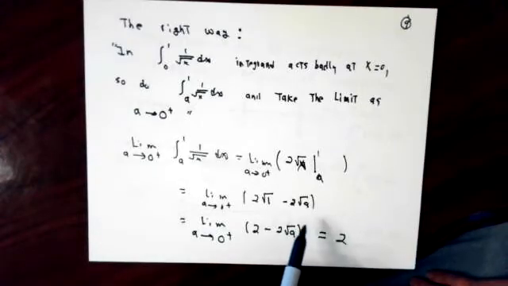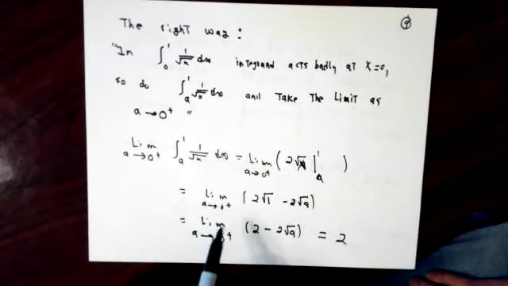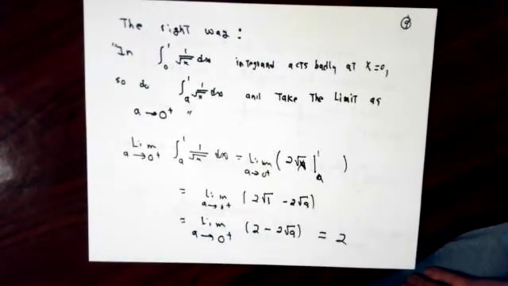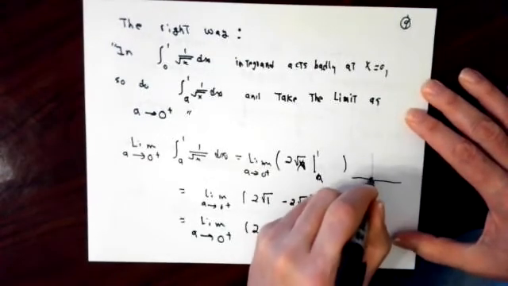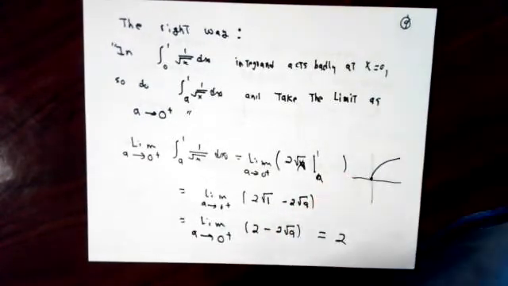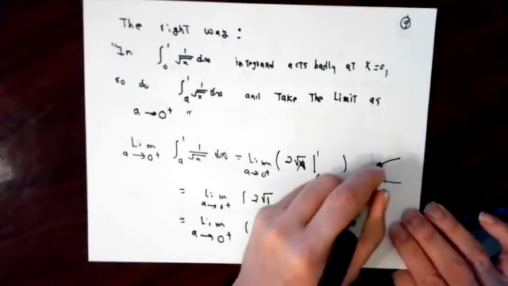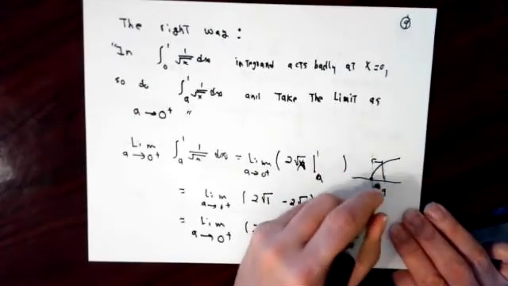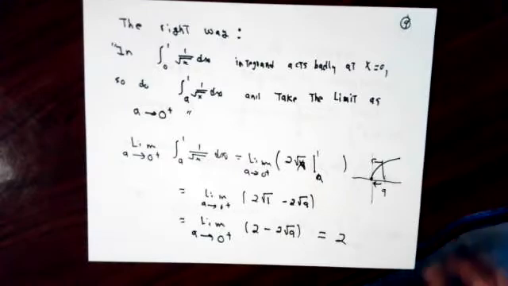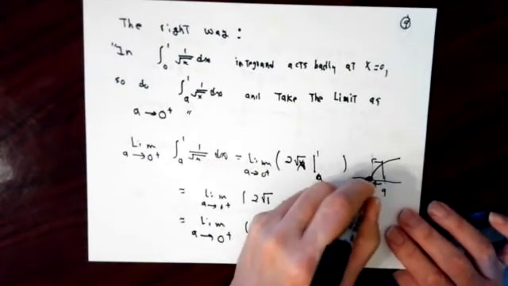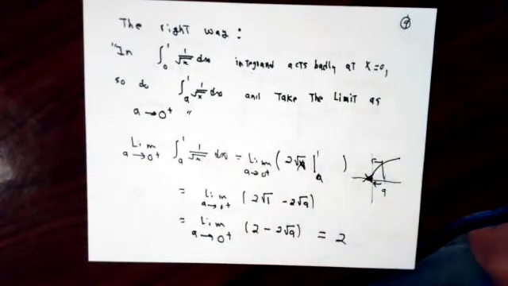That certainly exists. 2 times square root of a, and I'm going to let the a get close to 0 from the positive side. If you remember what the square root function looks like, if I have a number a and I calculate the square root of a, as I let a get close to 0 from the positive side, the point approaches the origin, the y-coordinate approaches the origin.